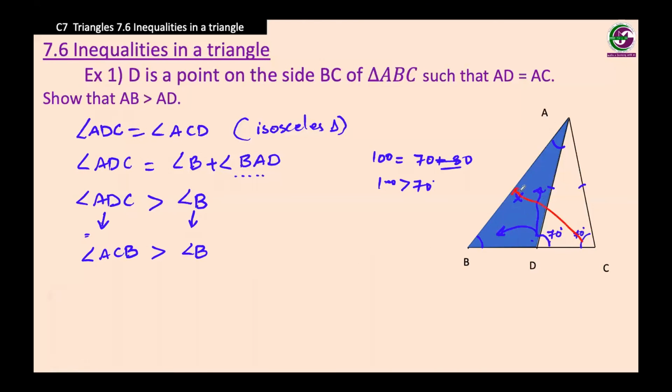It is side AB. Therefore, AB is greater than the side opposite to angle B, which is AC. But by given condition, we know that AC is the same as AD. So we say AB is greater than AD because AC is equal to AD, which is given. That was what we have to prove.